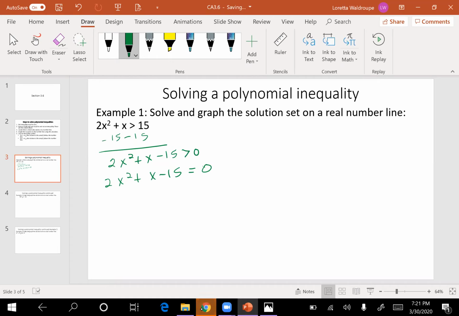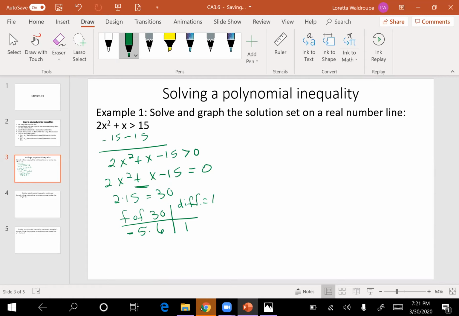Okay? So 2 times 15 is 30. So the factors of 30 whose difference is 1 would be 5 times 6. Because I want a positive 1, my 6 is positive, my 5 is negative.